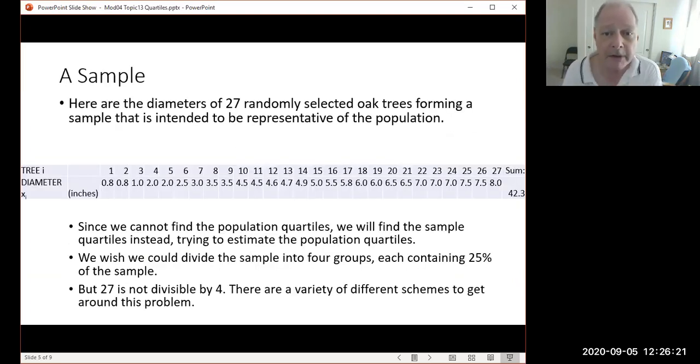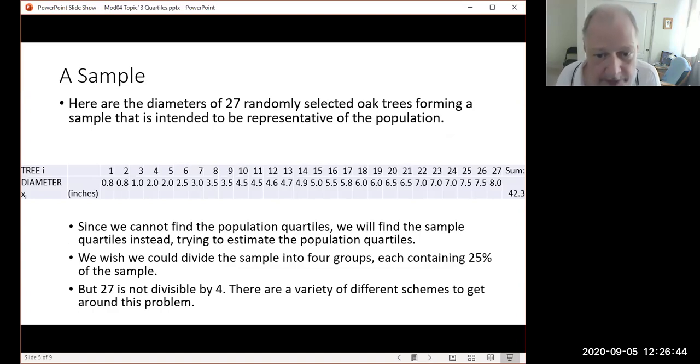So here's a sample of 27 randomly selected oak trees. This is the same data set that appears in the appendix of your workbook and also in the spreadsheet of data for the class. And we're going to find sample quartiles, trying to divide this sample into 4 equal groups.